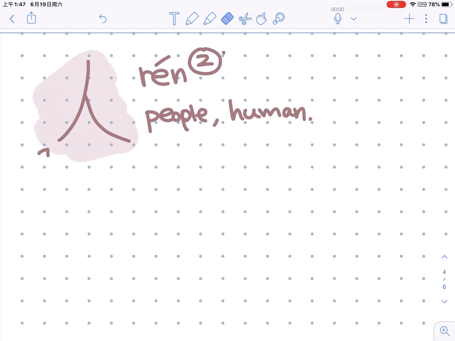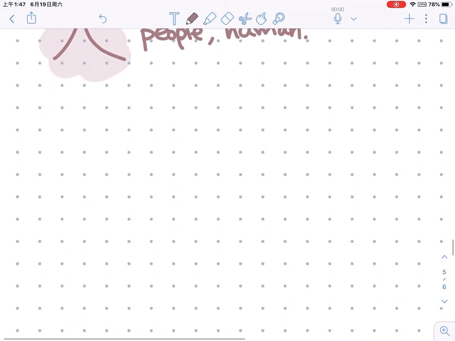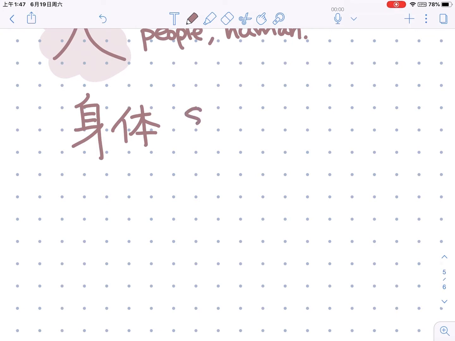Okay, then we go to the topic of today, 身体部位. What we have here, 身体. I will write it down. Okay, it looks like this, and its pinyin is 身体.